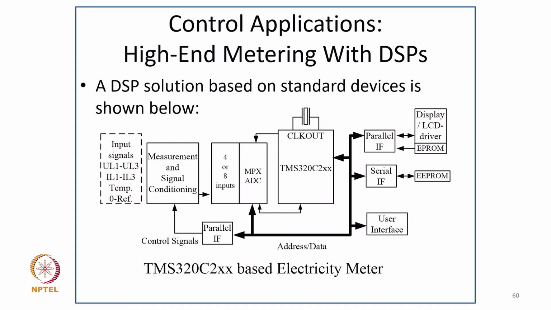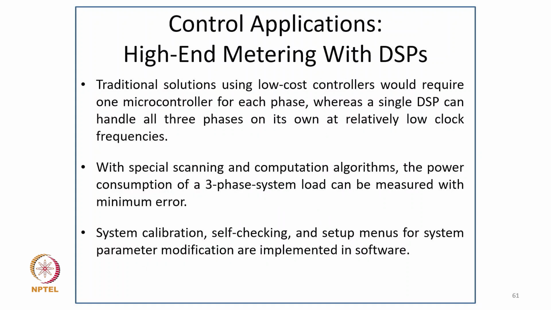The parallel interface may have a display LCD driver, EEPROM, and the serial interface may be EEPROM, and then it goes to the address and data with a parallel function with the control units going back. So this is a typical basic TMS320C2XX based electricity meter, as the diagram shows.